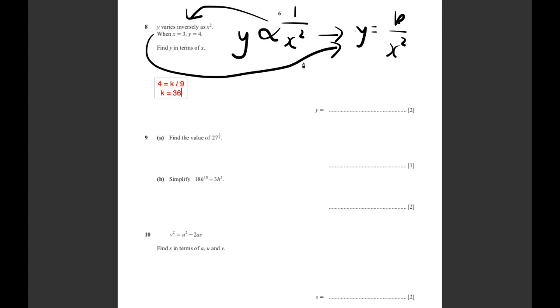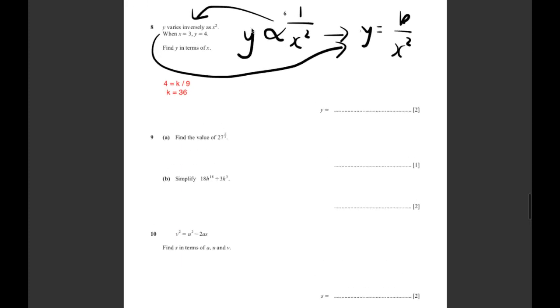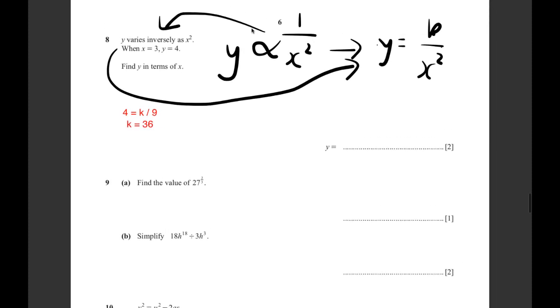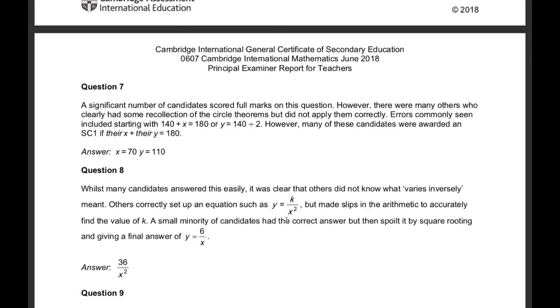And we put that back in our equation over here. So our final answer, zoom in a little bit more so we can see what's going on, is y equals 36 over x squared. That's a classic case of reading the question. And if we go back to the mark scheme, here it is, 36 over x squared.